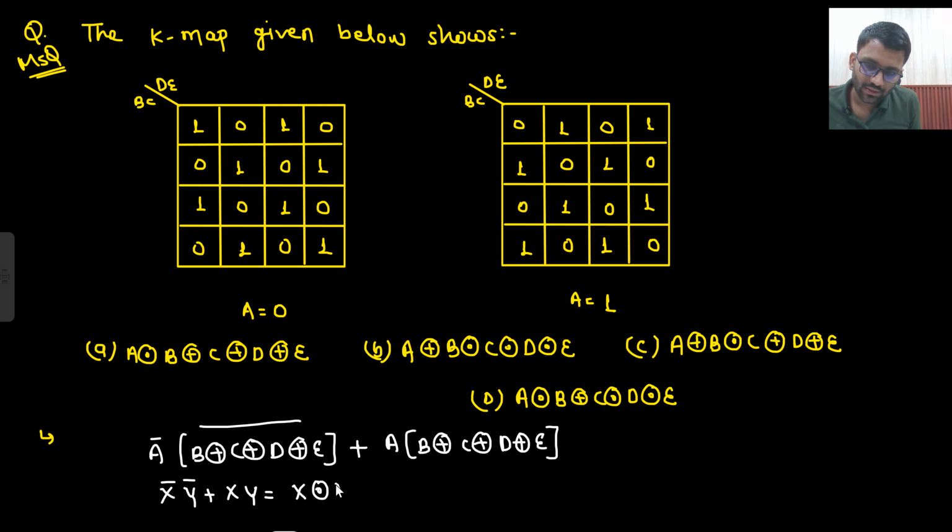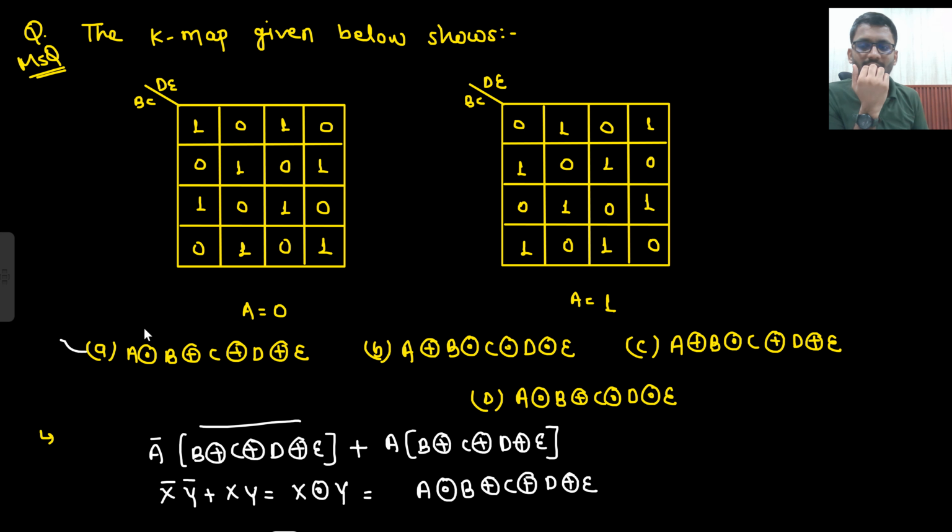That would be X XNOR Y. So that would be A XNOR B XOR C XOR D XOR E. So this option is correct.